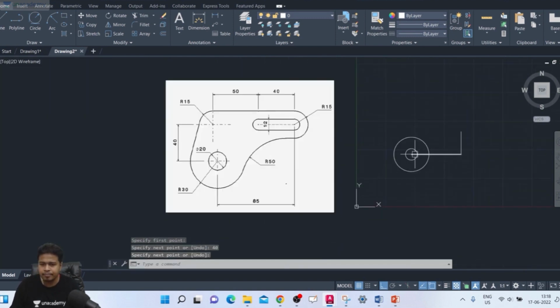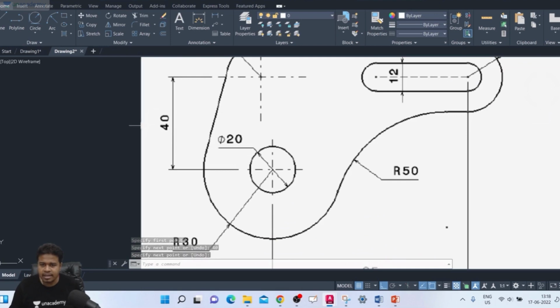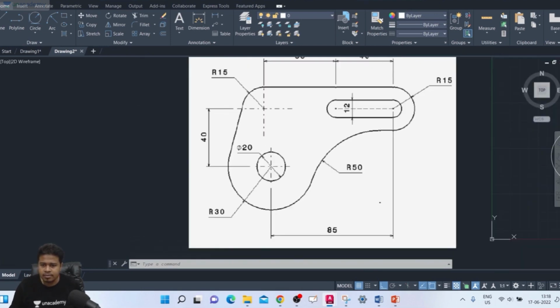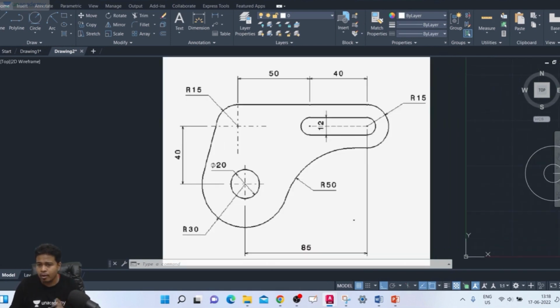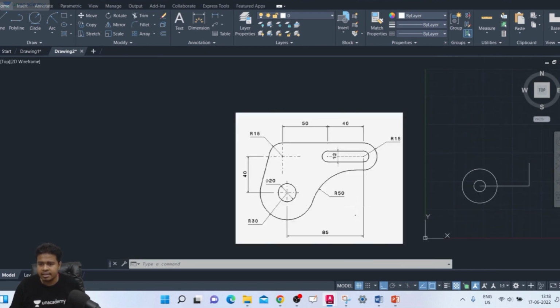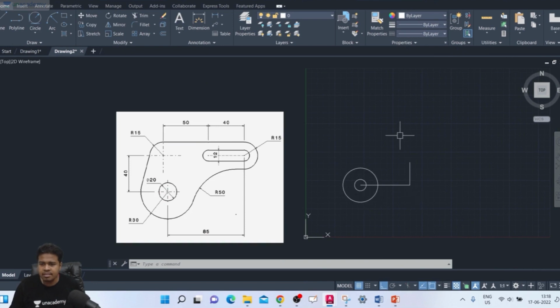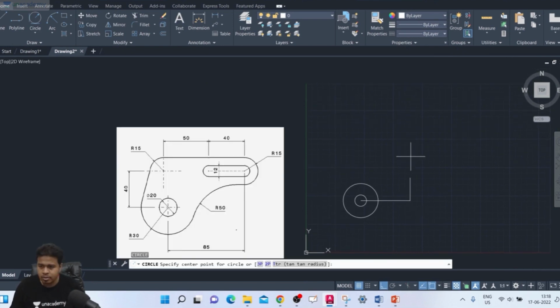Why 40? Because from this center to this center, the vertical distance is 40 and the horizontal distance from this center to this center is 85. So this is 85 and this is 40. Go to circle.